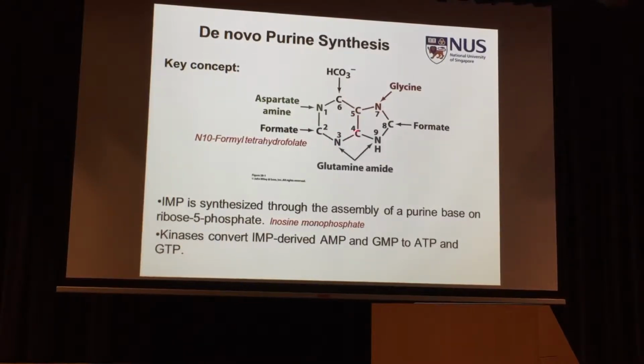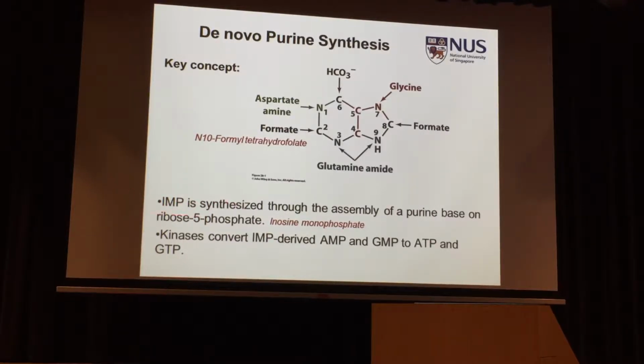Alright? So as I mentioned, purine synthesis makes the nucleotide, not a free base. And the interesting thing is that we know the purines are A and G, but the precursor is IMP, which is inosine monophosphate. That means this whole build-up process will not give us AMP or GMP directly, but it gives us a precursor called IMP.